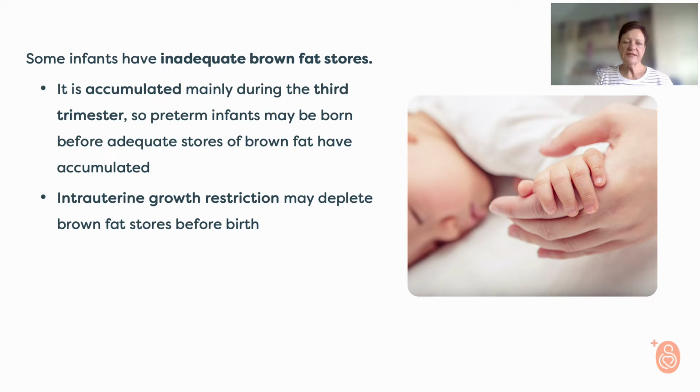So if the infant is born before that, it's born with inadequate stores of brown fat, and it can't adequately produce heat from the brown fat. And that also happens in intrauterine growth retarded babies because they also don't have enough brown fat stores.